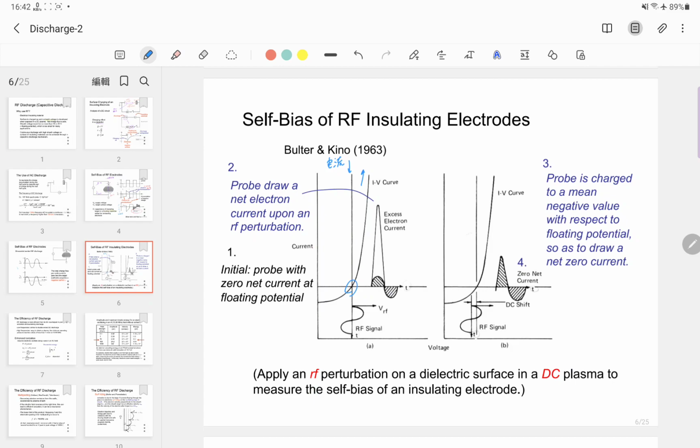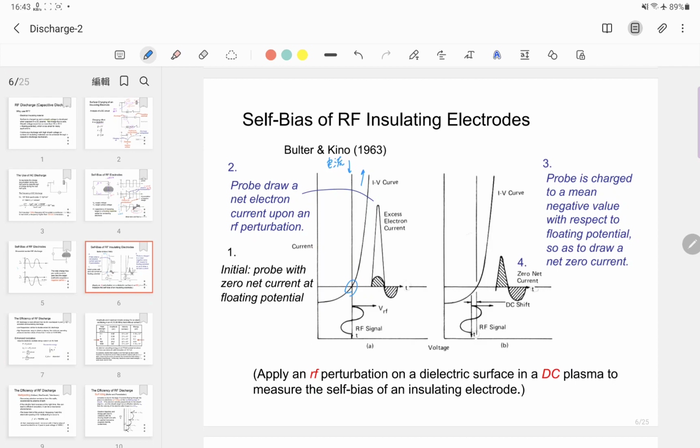And if you keep passing the RF signal for a while, eventually the probe will bias automatically. Okay.